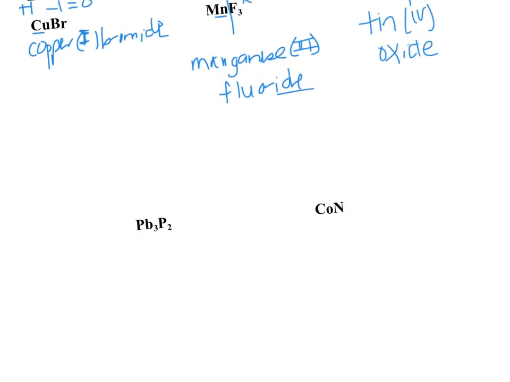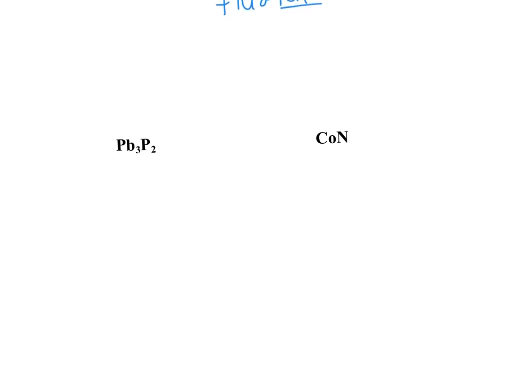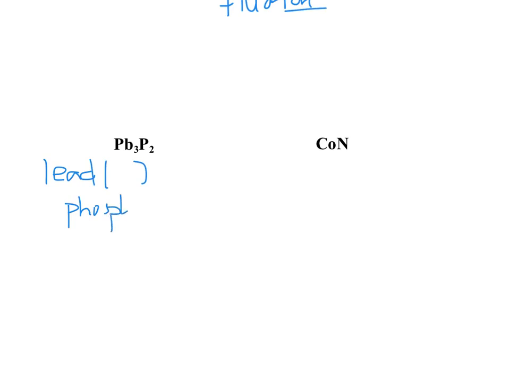All right, we got 2 more left. Pb, anyone remember who Pb is? Lead. Pb is also in that staircase region. It's considered multivalent. So lead something phosphide. Okay, work backwards. What do we know about P? On your periodic table, it carries a -3 charge. But how many do we have of them? There's 2 of them.